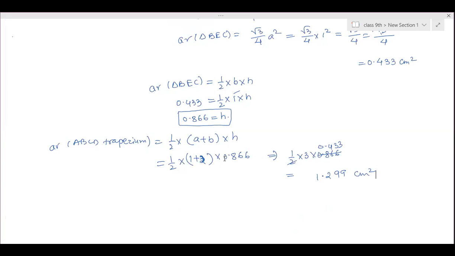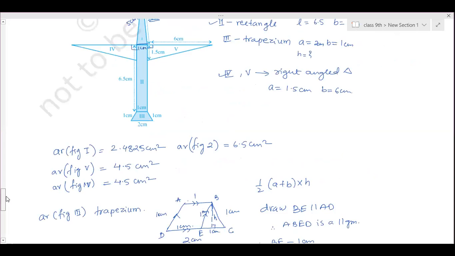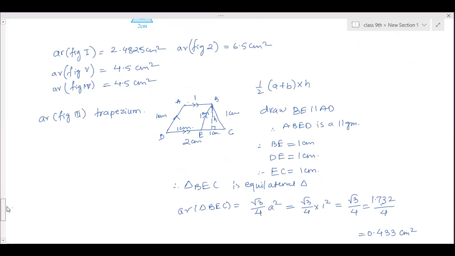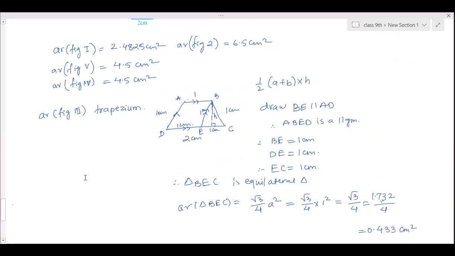Ma'am, can you scroll it up? Is the answer 1.299 centimeter square the area of that lower trapezium? Yeah. Then you have to calculate all the areas. 5 areas you have to add up.